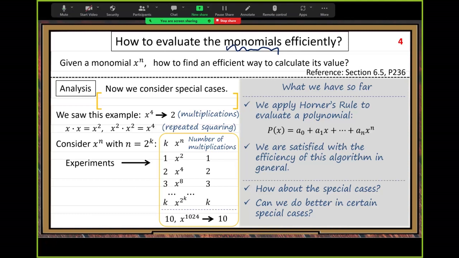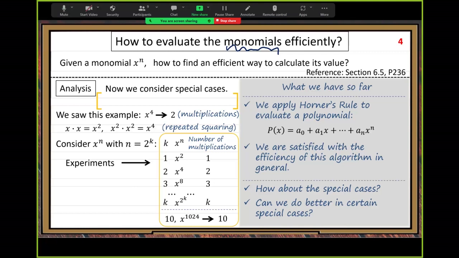How fast it is. If you compare it with Horner's rule, if we do not use repeated squaring and just apply Horner's rule to calculate x to the 1024, how many multiplications do you need? 1023.